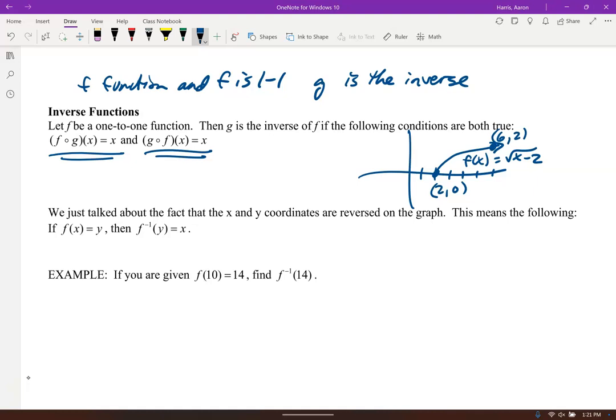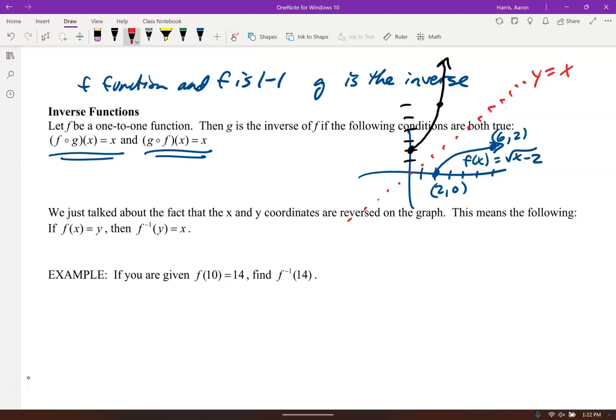Its inverse, I'm going to call g. Instead of having 2, 0, I would flip that around. So instead of 2, 0, it would have 0, 2. Instead of 6, 2, it would have 2, 6. Because it's an inverse, right? And everything else, you flip all those points and it kind of looks like that. And if you notice, these are a reflection about the line y equals x.